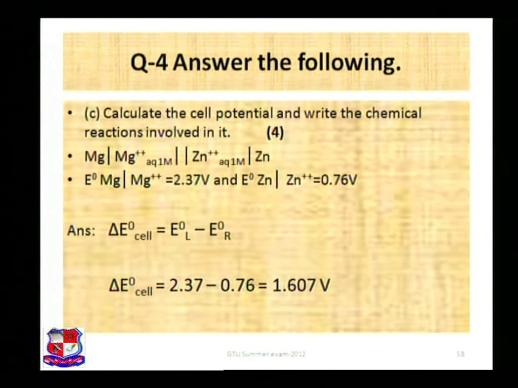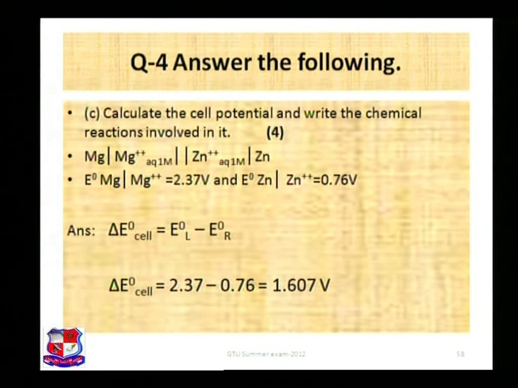The left hand electrode value is given: potential of the magnesium electrode is 2.37 volt and potential of the zinc electrode is 0.76 volt. So we are applying a very simple formula, that is delta E cell is equal to E of left hand electrode minus E of right hand electrode. So delta E cell is equal to 2.37 minus 0.76, which is equal to 1.607 volt.